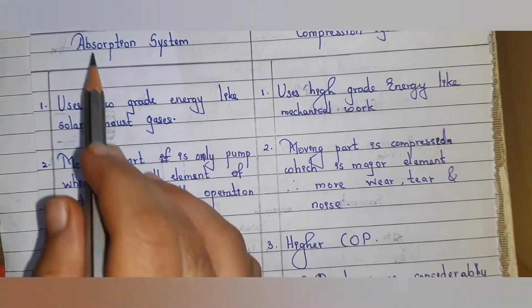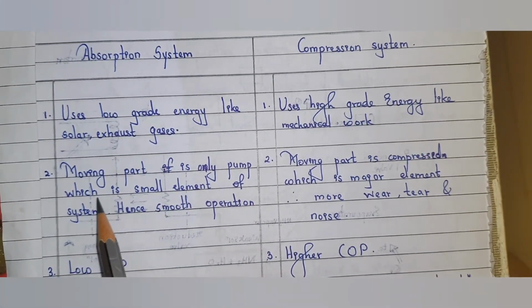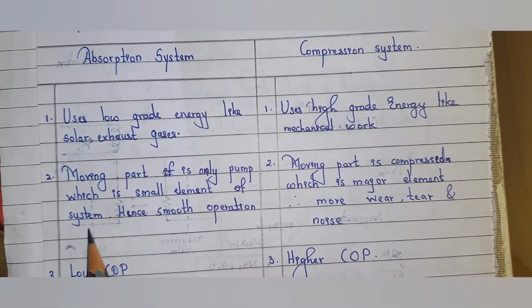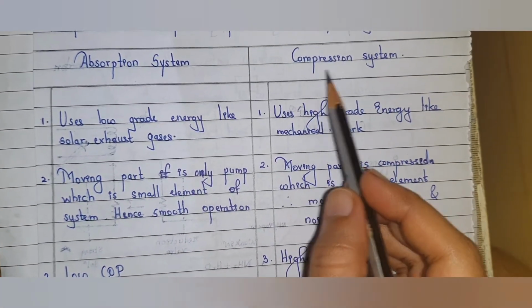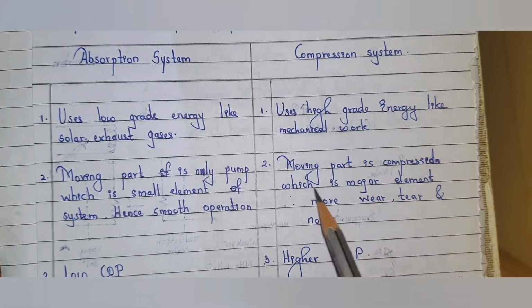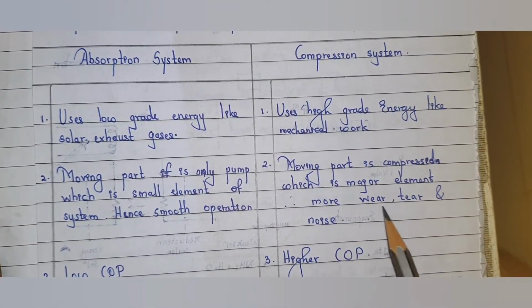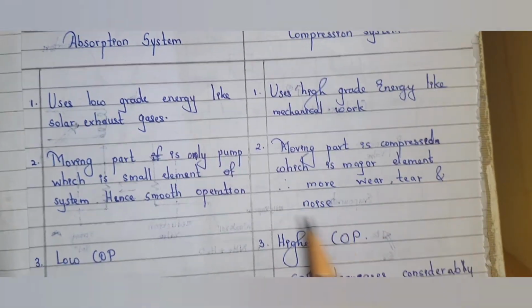Next, in the absorption system the only moving part is the pump, which is a small element of the system, hence smooth operation takes place. But in the compression system, the moving part is the compressor, which is a major element, so more wear and tear and noise occur.